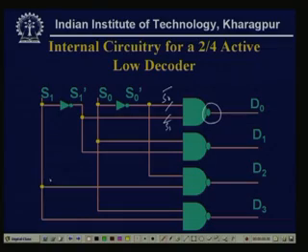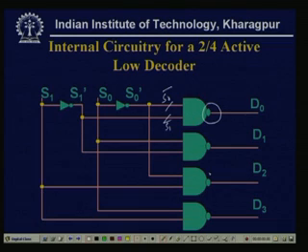So, the circuit remains as it is, only the AND becomes the NAND, that means every AND is now followed by an inverter, which is nothing but a NAND circuit, as if only the last output line has been complemented.